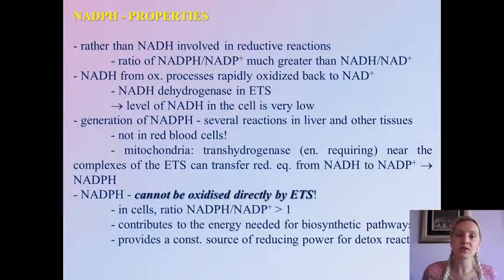Which is important because this ratio actually contributes to the energy which is needed for biosynthetic pathways, and at the same time it provides a constant source of reducing power for detox reactions.